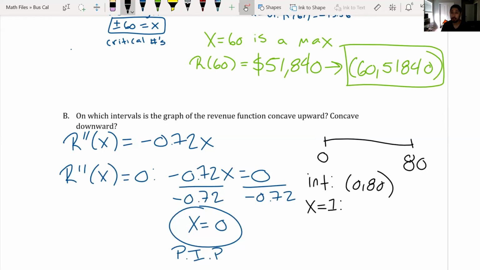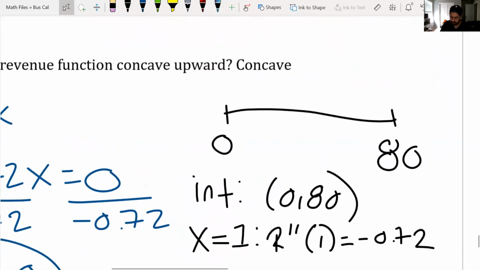This is a sign chart for your second derivative. So plug this in to your second derivative. And if we plug that in, I get negative 0.72. Analyze the graph, the number line.